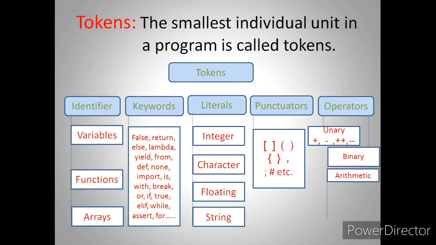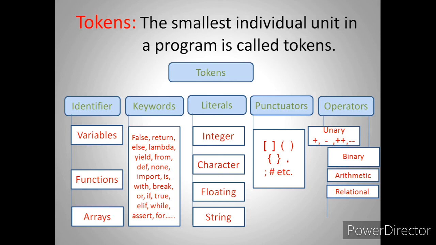Next is the arithmetic operator. As we all know, the plus, minus, multiplication, division and percentage signs are termed arithmetic operators. Next is the relational operator. Relational operator means the less than sign, the greater than sign, the double is equal to sign, where we want to find a certain relation between objects or expressions.